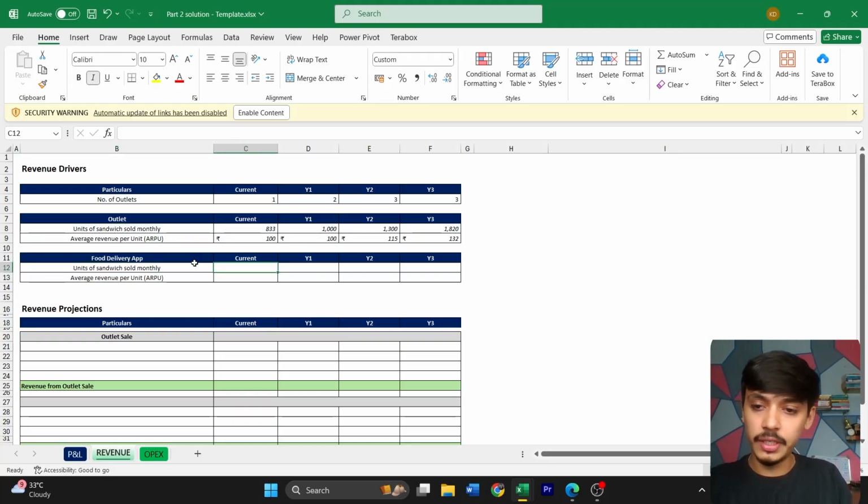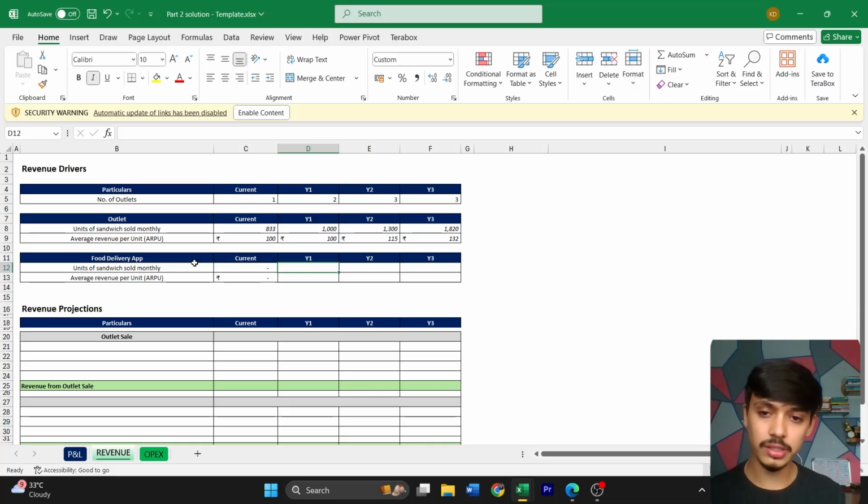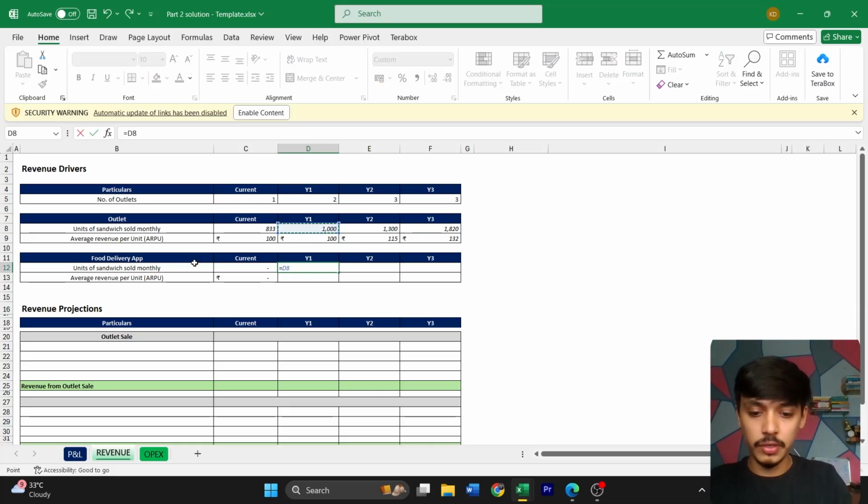Currently we did not have any app based delivery going on, so we will put 0, 0. In year one we mentioned that the number of units sold was 30% of the year one outlet sale. So 1000, which is being sold in the outlet in year one, multiplied by 30 percent.